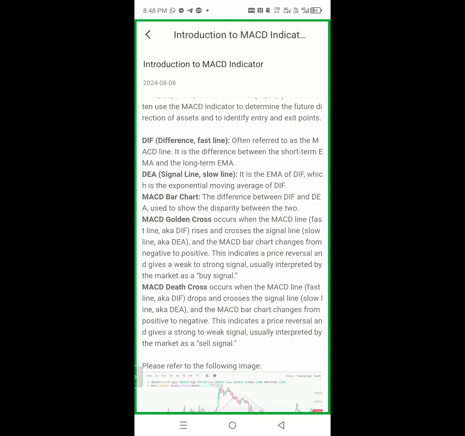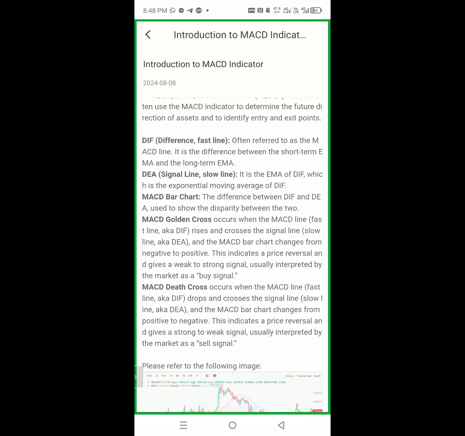Remember, when we say lower than 0, lesser than 0, that is negative, and greater than 0 is positive. So when it moves from negative to positive, positive means greater than 0. This indicates a price reversal and gives a weak to strong signal, usually interpreted by the market as a buy.